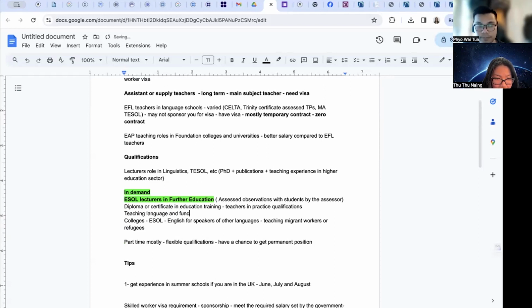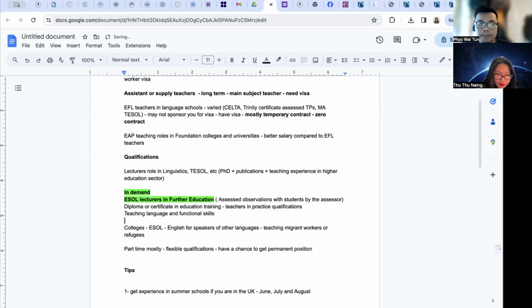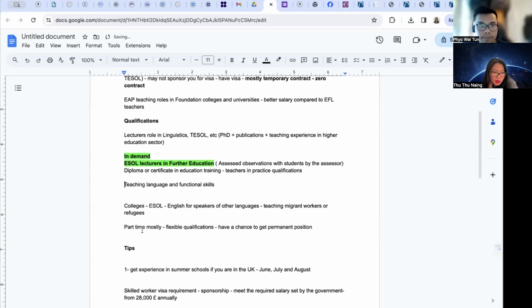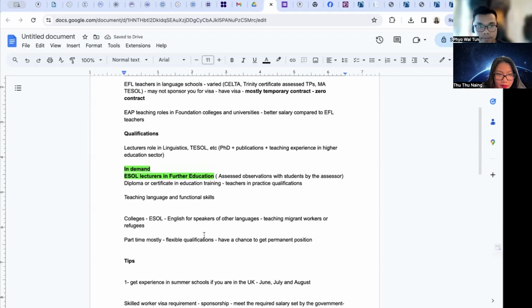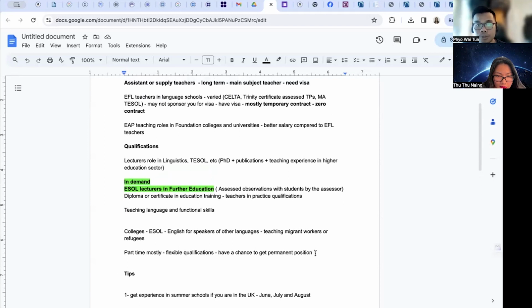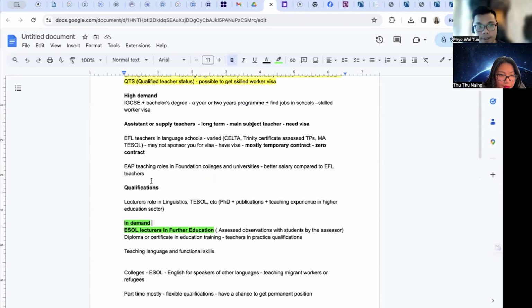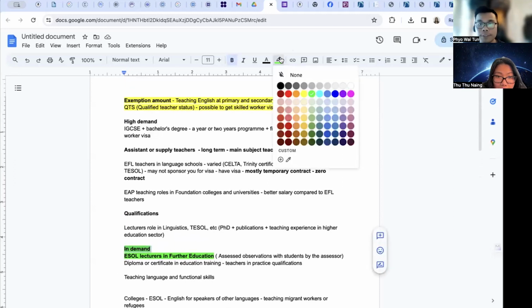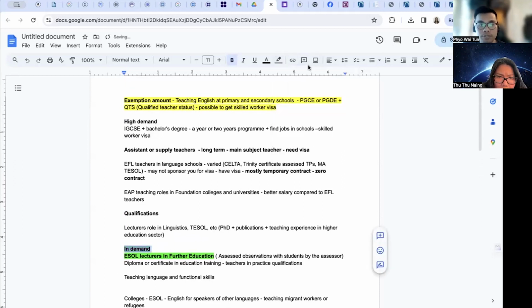Functional skills are also in high demand, to start to work in a part-time position. If they like you, you can get a permanent position.